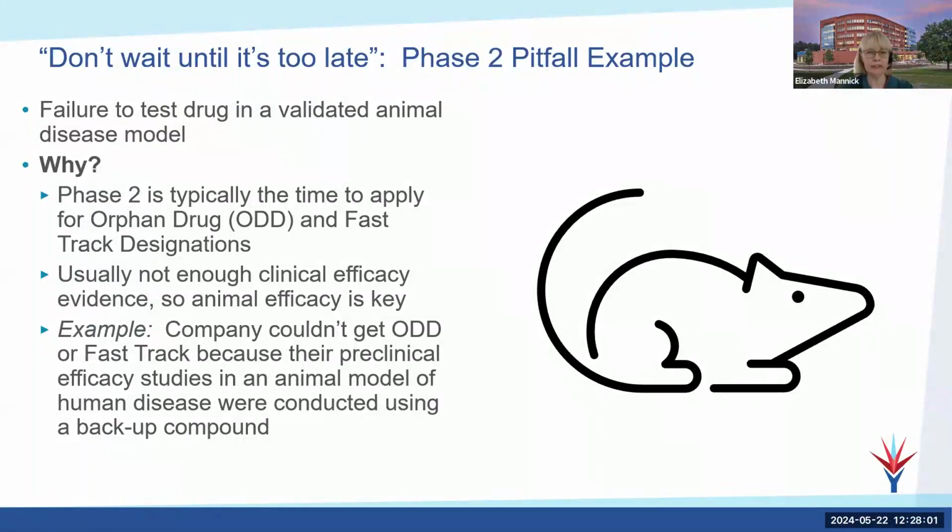An example is that a company could not get either ODD or fast track because their preclinical efficacy studies in an animal model of human disease were conducted using a backup compound and not the compound that eventually went to clinical trials. So a big lost opportunity there, although they did plan to reapply during phase 3 for orphan drug. Next.